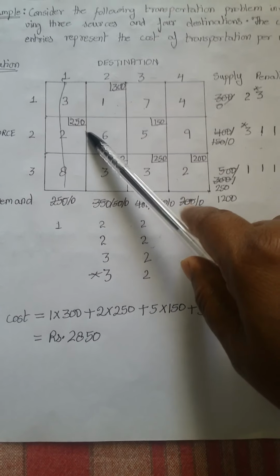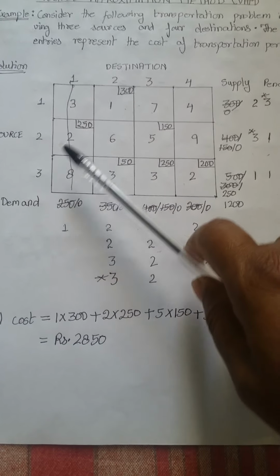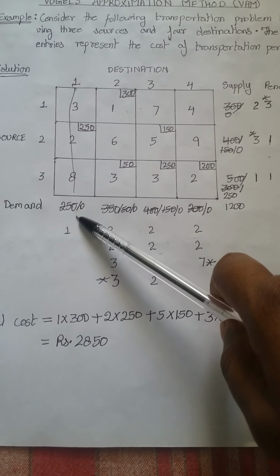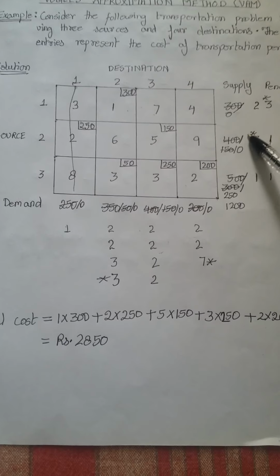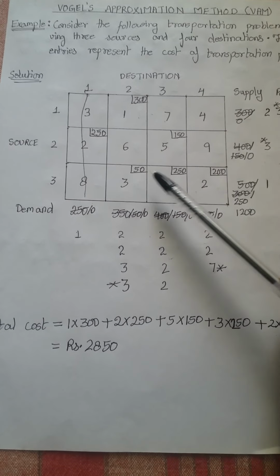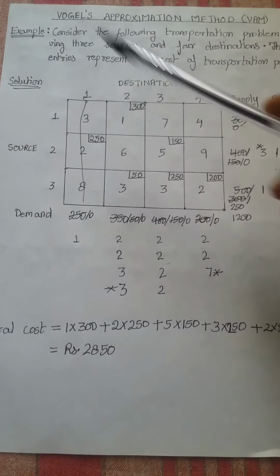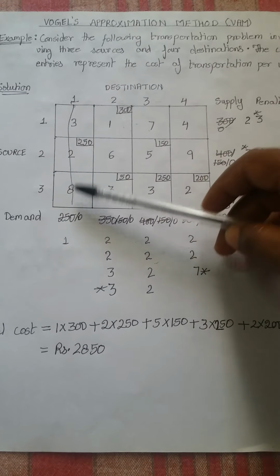So we can allocate 250 units at this cell. Now when 250 units have been allocated, if you subtract 250 from 250, you get 0, and from 400, we subtract 250 and get 150. Next, we will delete this column because its demand has been fulfilled.